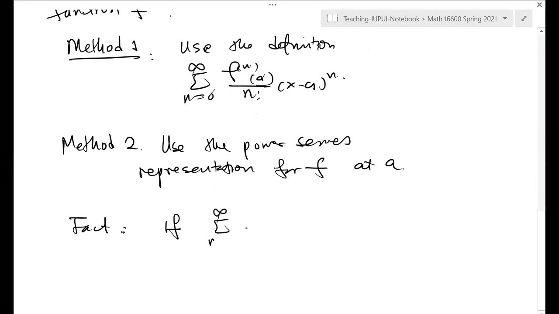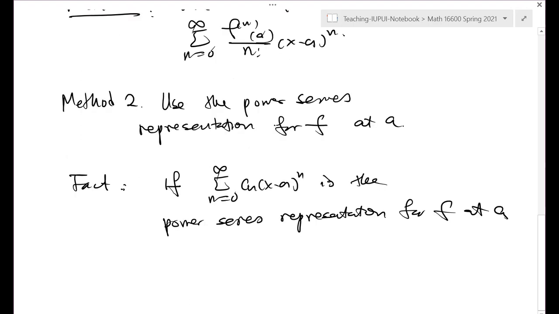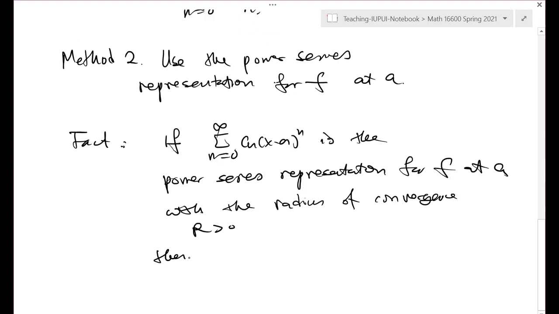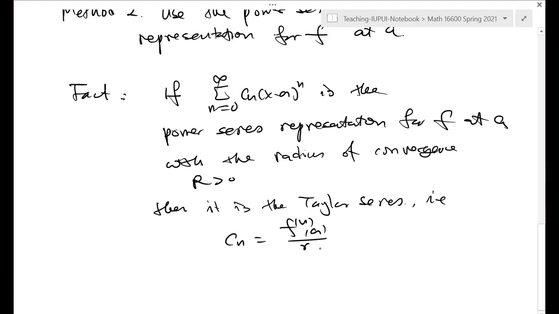The important fact is, if this one is the power series representation for f at a, with a positive radius of convergence, which can be infinite, but let's assume it is positive, then it is the Taylor series, i.e. the c_n are the Taylor coefficients.